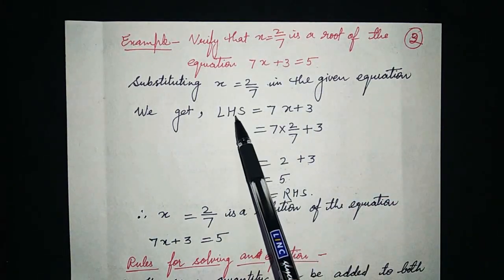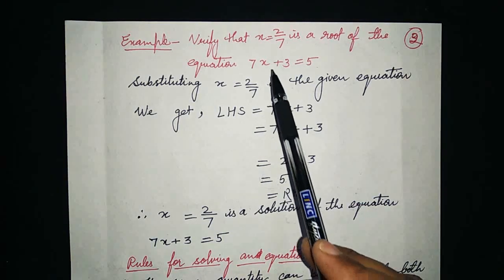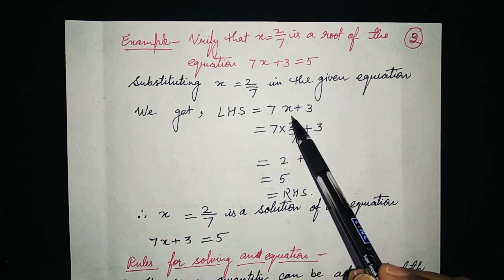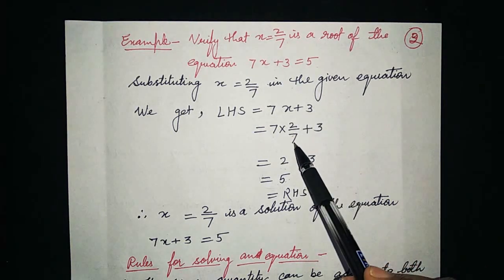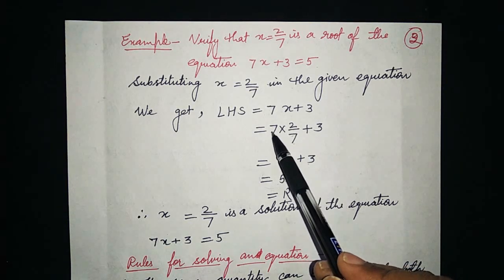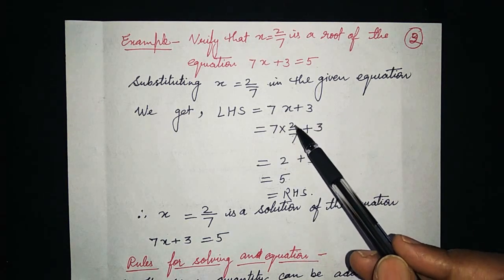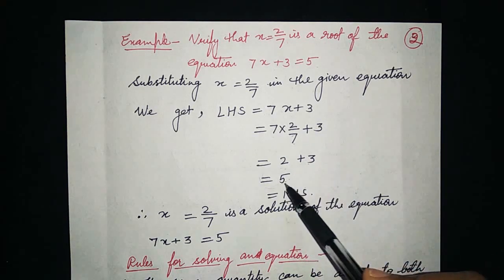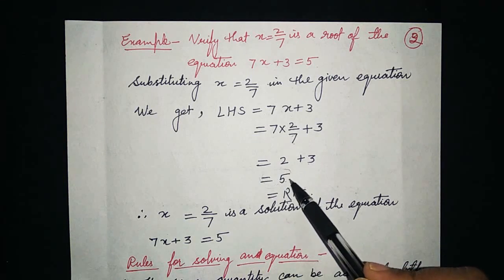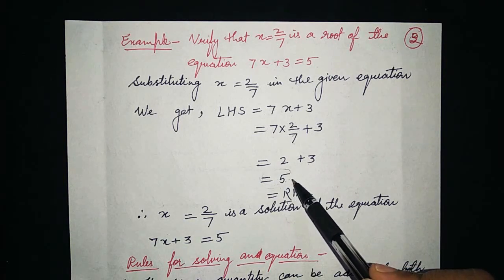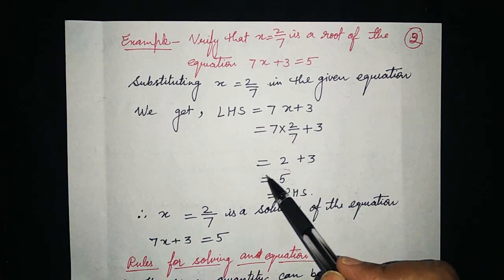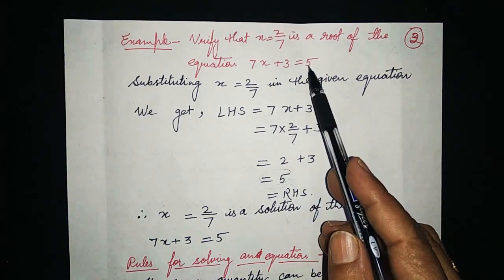Here you can see I have written the left hand side of the equation is 7x plus 3. In place of x, you will put 2 upon 7. After putting 2 upon 7, the 7 and 7 you can cancel, and here 2 will remain. Then 2 plus 3 is equal to 5. And 5 is what we get after solving the left hand side, and it is equal to the right hand side.